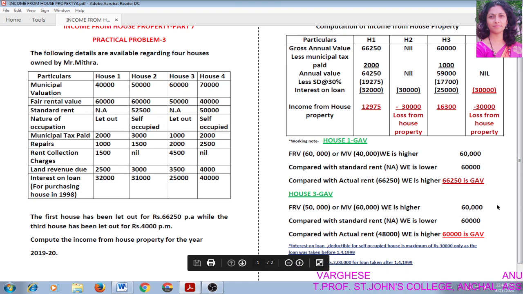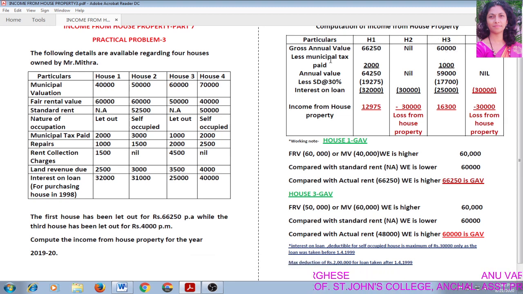That 60,000 you have to compare with actual rent. Here it is stated that the third house has been let out for rupees 4,000 per month. So annual rent is 4,000 into 12, that is 48,000. So 60,000 or 48,000, whichever is higher, that is 60,000. So that is gross annual value. You can write gross annual value 60,000.